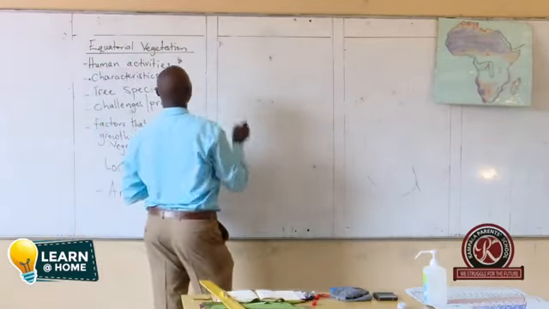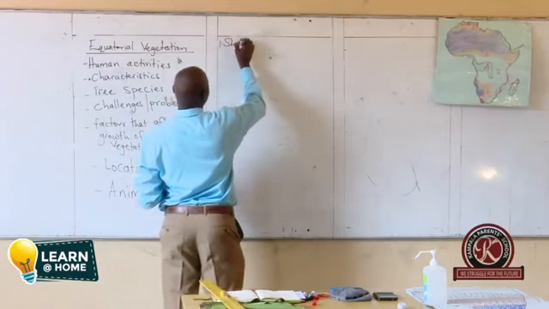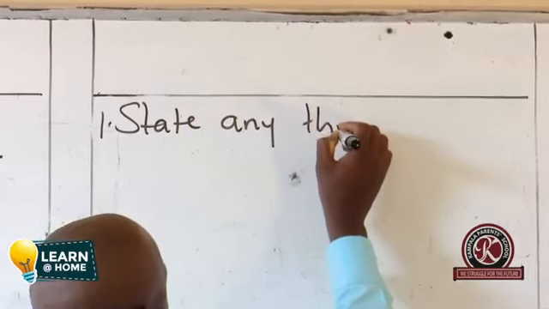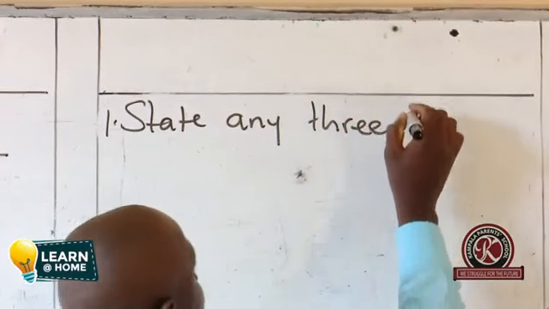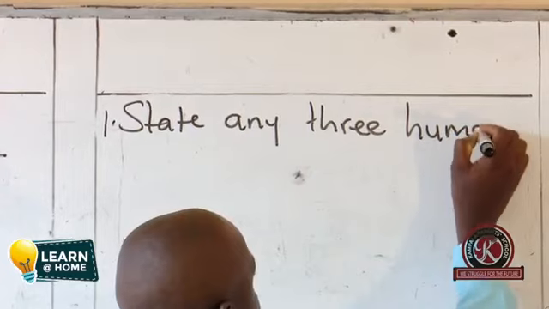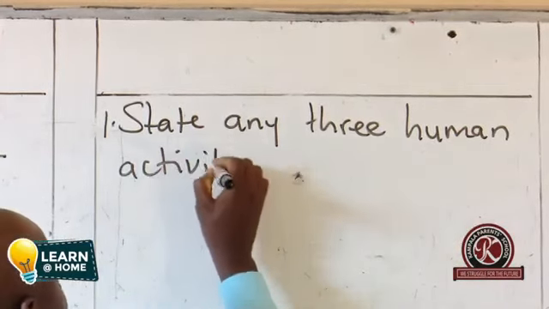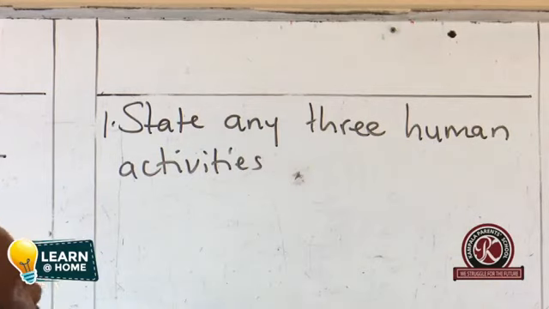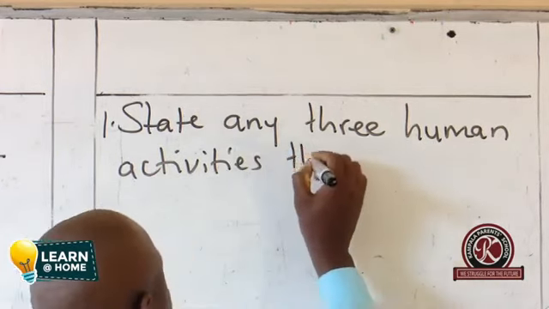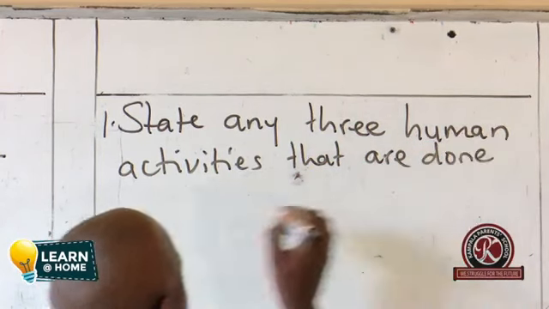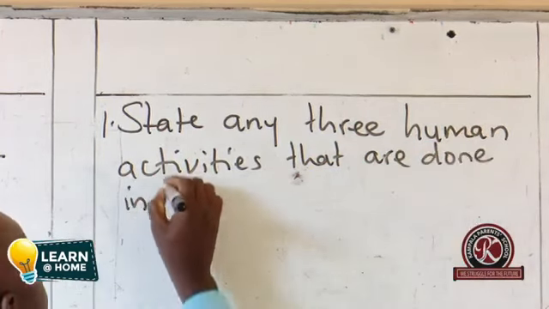Number 1, state any three human activities that are done in tropical rainforests.